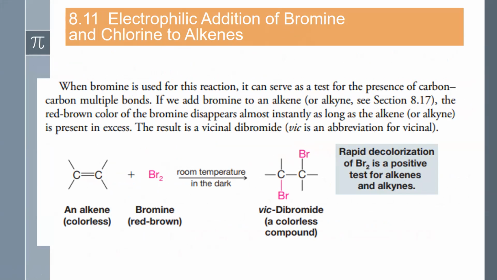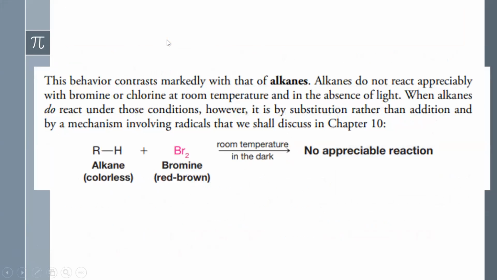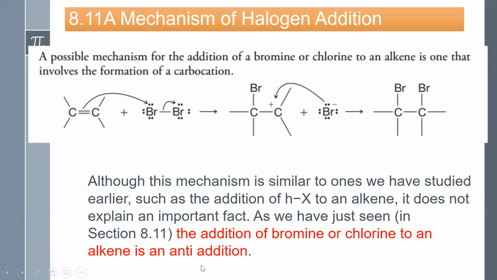But the mechanism of this addition reaction of halogens to your alkene is actually electrophilic addition. So let's go on with the electrophilic addition. Okay, because in bromine, you have a nonpolar compound.